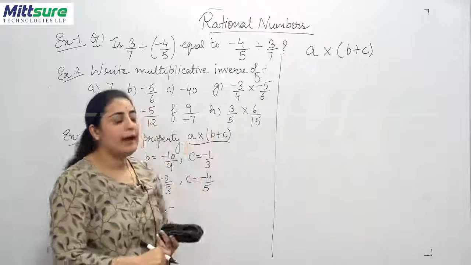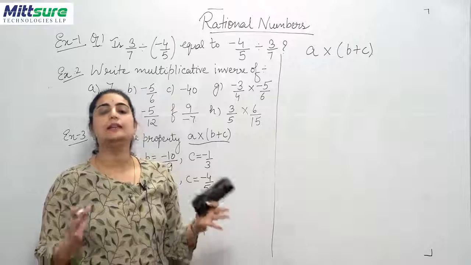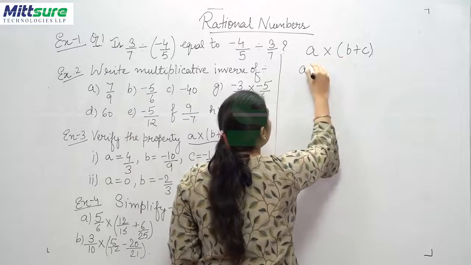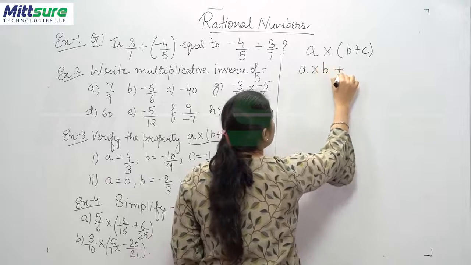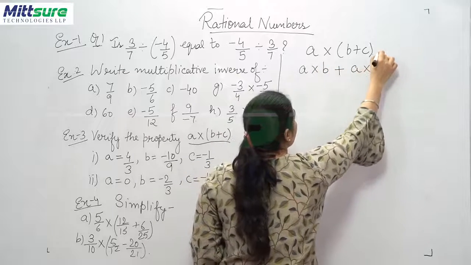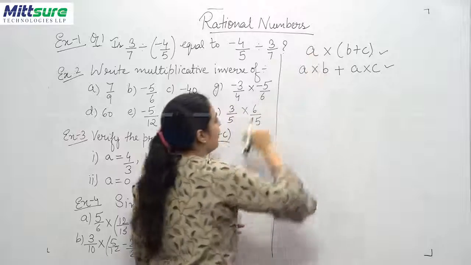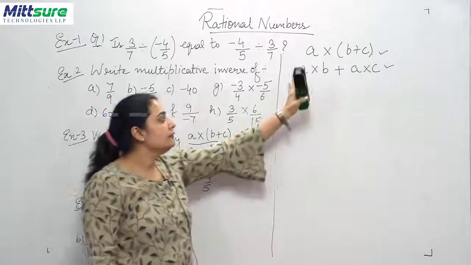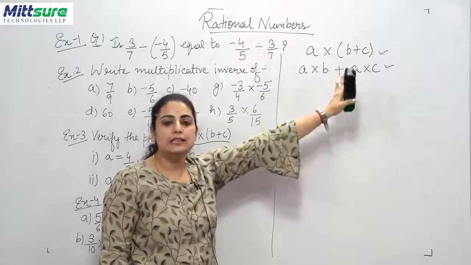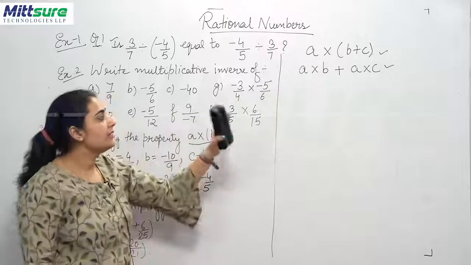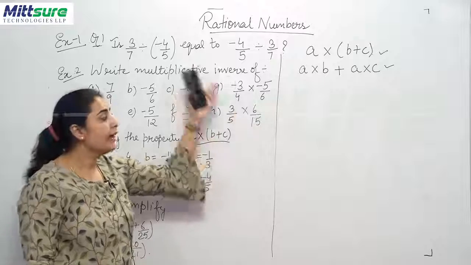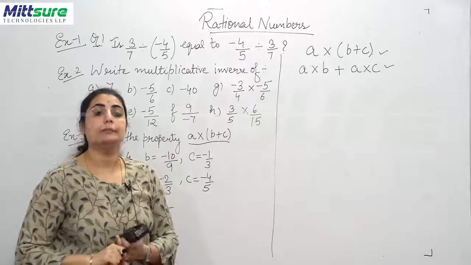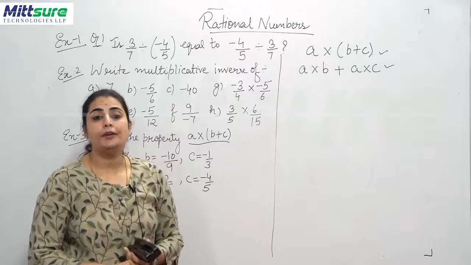Okay, so now I told you how we expand this condition. This condition is expanded so that A is going to multiply B and C separately. Okay, so now you need to check whether the rational numbers representing these alphabets, when they are substituted in these conditions, give the same answer or same sum in both cases or not.